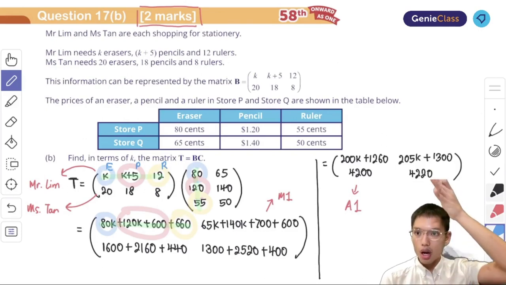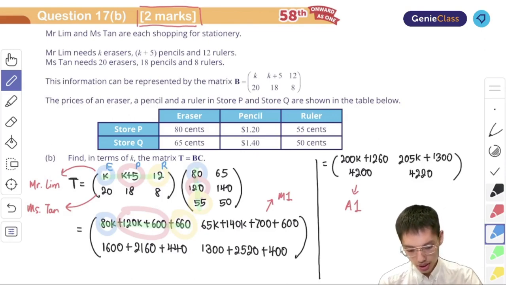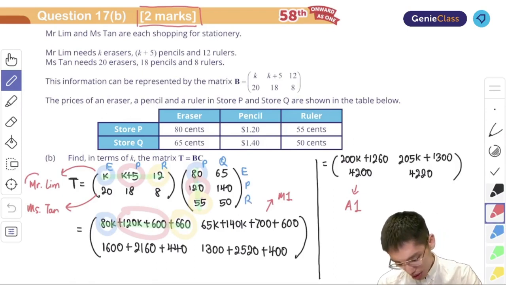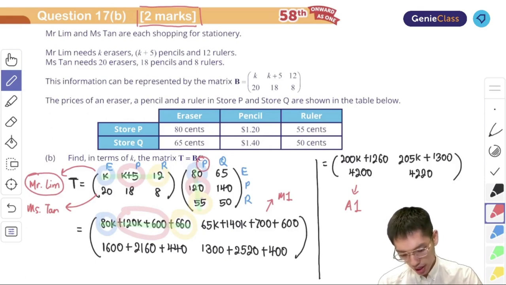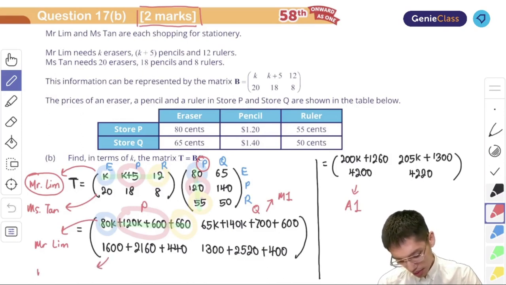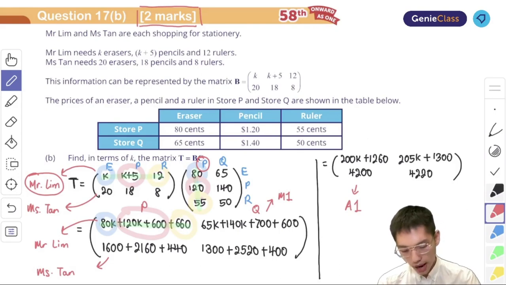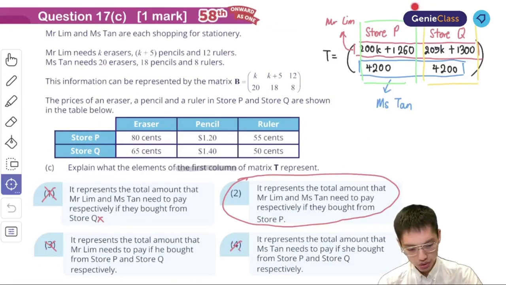Now let's look at how I write it for C. In this case, if you look column down, it is store P, store Q, and on my side, erasers, pencil, ruler. So as I multiply each option, first row, first column, that's how I get Mr. Lim with store P. Following the other way, Mr. Lim with store Q. The other one, Miss Tan, store P, Miss Tan with store Q. Following up from the rest, that's how I got these entries over here.